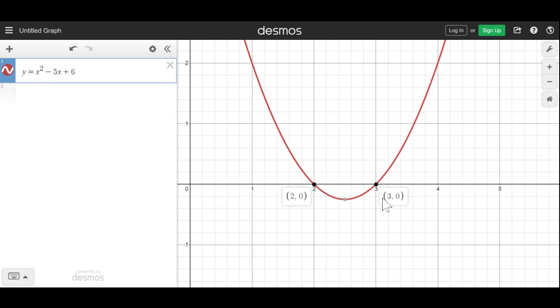Okay, so if you're going to test the 3 here and use the remainder theorem, the remainder would be 0 also. If you try other values aside from 2 and 3 here, you can try 1, you can try 4, then the remainder would not be a 0. There will be a value other than 0.